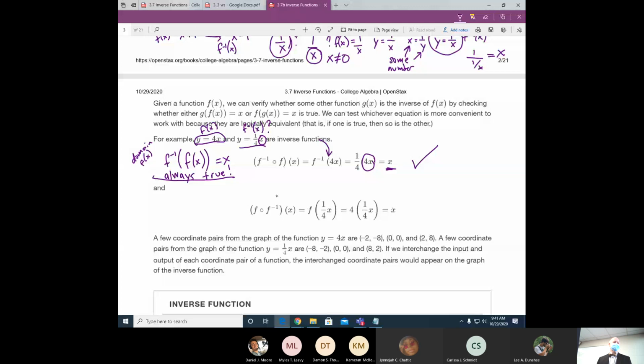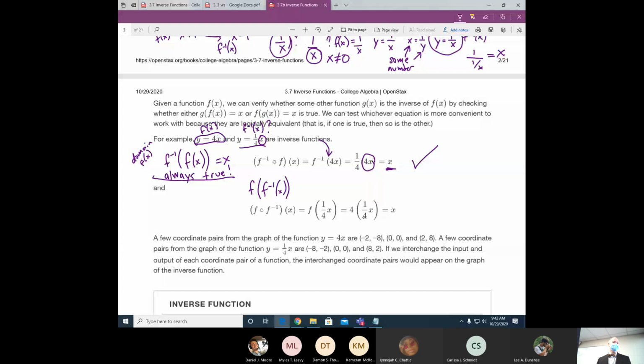Let's try the other way. Is f of the inverse? That means take f of x, and feed the inverse function of x into it. Well, f of x multiplies whatever it's given by 4. Okay, I feed it 1/4 x.